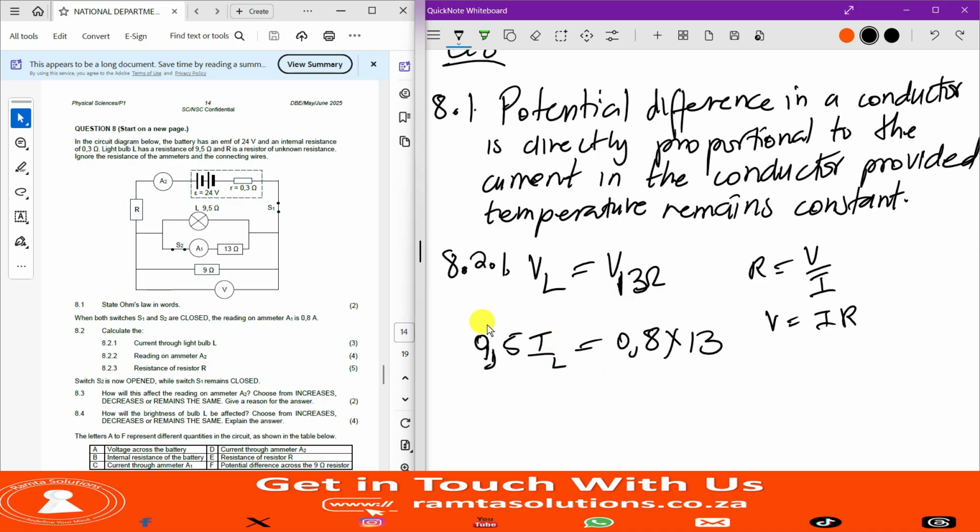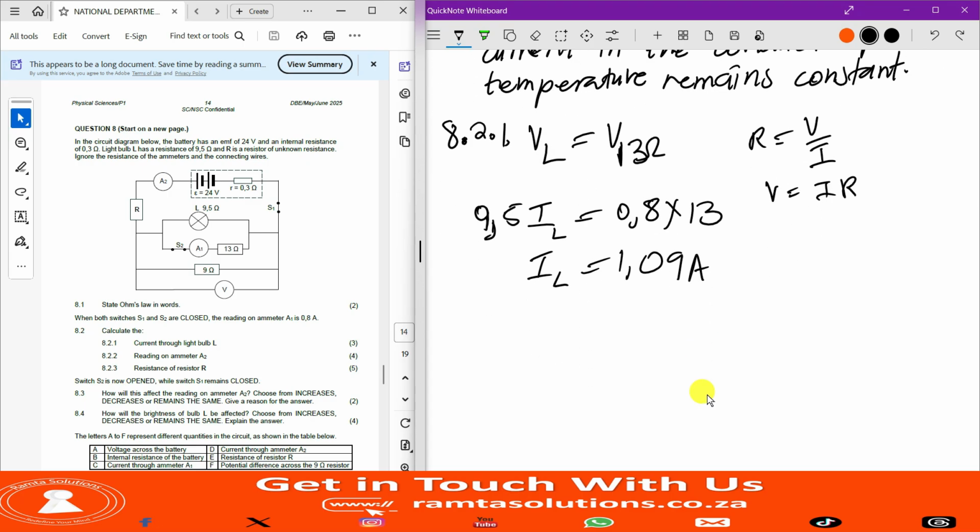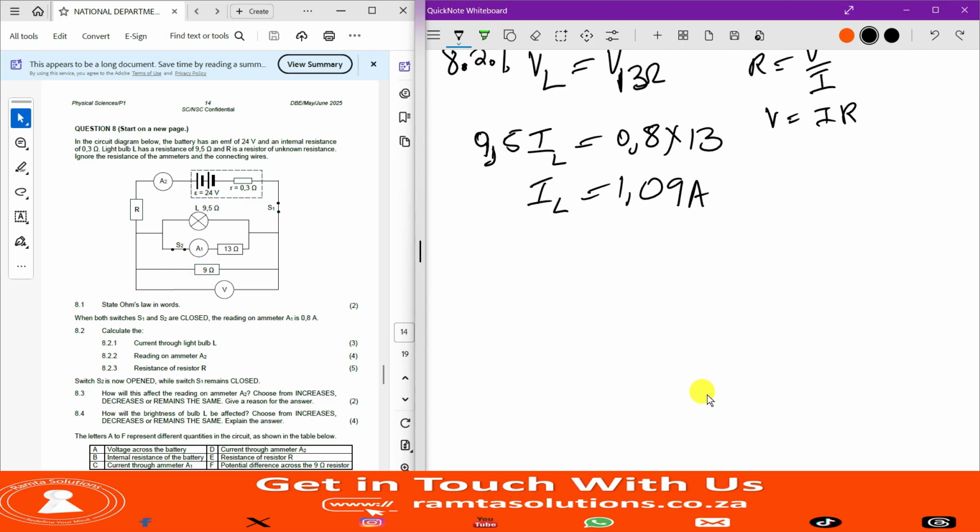Now we have our current: this is 0.8 times 13 all over 9.5. The current flowing at light bulb L is 1.09 amperes. As simple as that. Now we are good to go. Let's go to the next question.